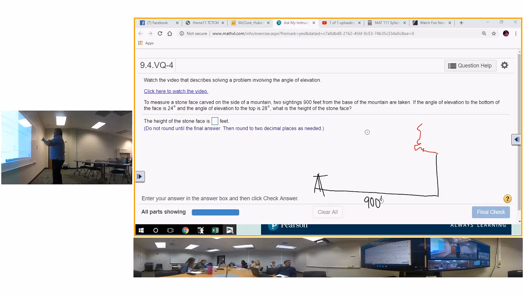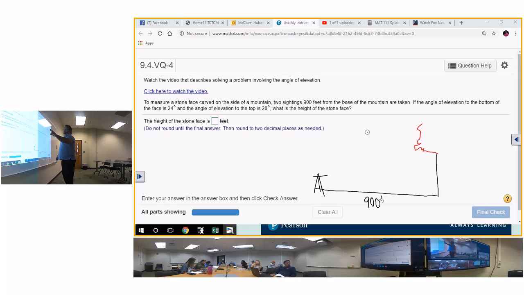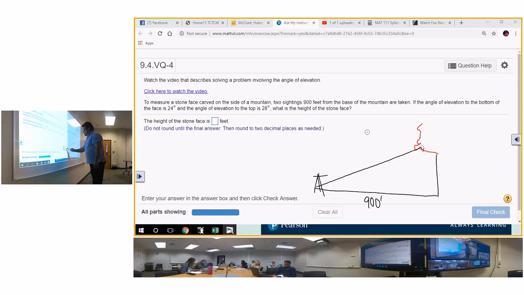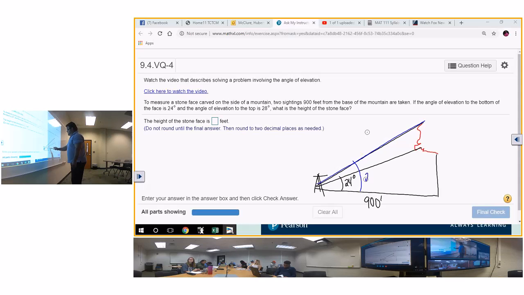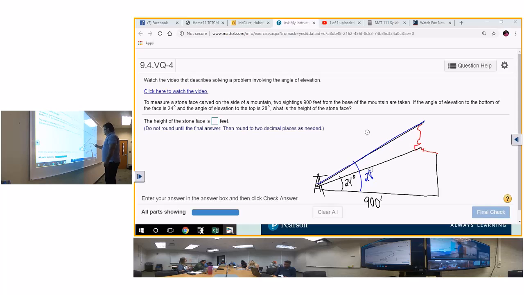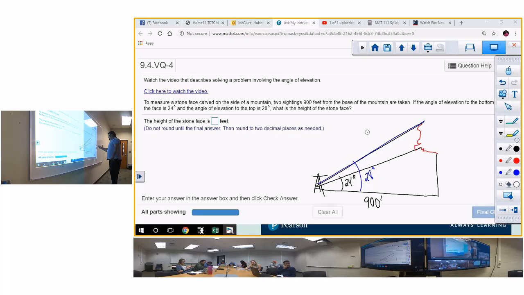There's your stone face. If the angle of elevation of the bottom of the face is 24 degrees, and the angle to the top, I'm going to do that in blue, is 28 degrees, then what is the height of the stone face?